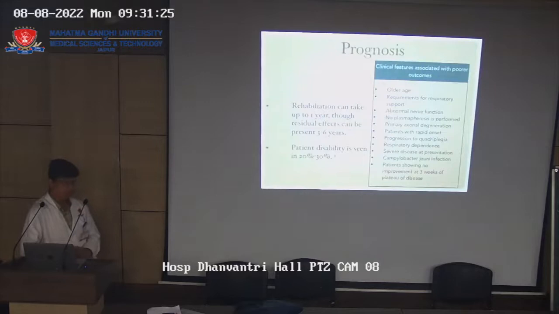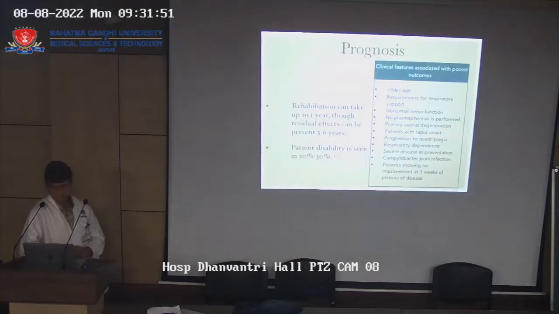And prognosis: in the majority of cases complete recovery occurs, so prognosis is good. Rehabilitation can take up to 1 year, although residual effects can be present up to 3 to 6 years. Patient disability is seen in only 20 to 30% of cases. That means recovery is seen in the majority of patients, around 70 to 80%. But there are certain factors associated with poor prognosis. And what are these factors?